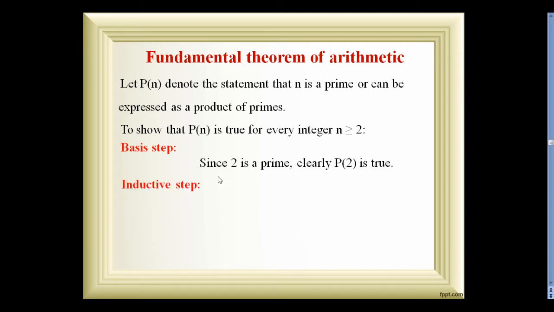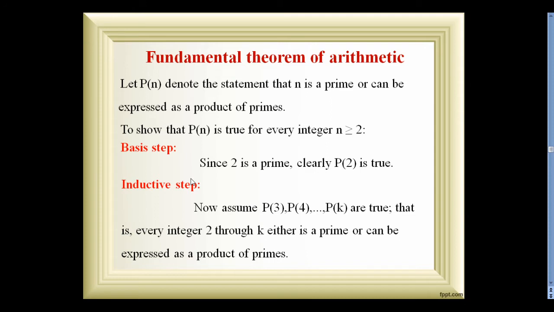Now in the next step, that is the inductive step, we assume P of 3, P of 4 up to P of k are true. That is, every integer 2 through k either is a prime or can be expressed as a product of primes.